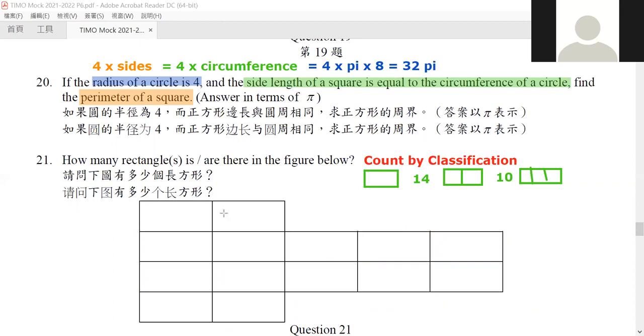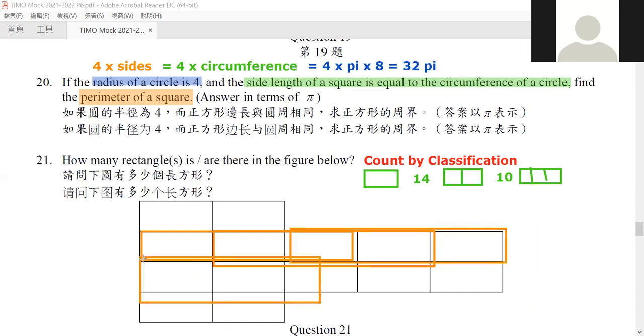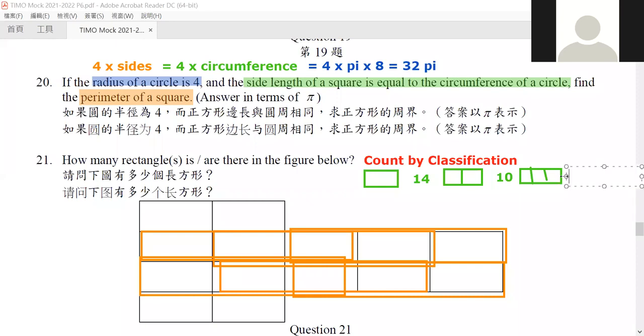So all we have is just this one: 1, 2, 3, and then 4, 5, 6. So there are only 6 of them.